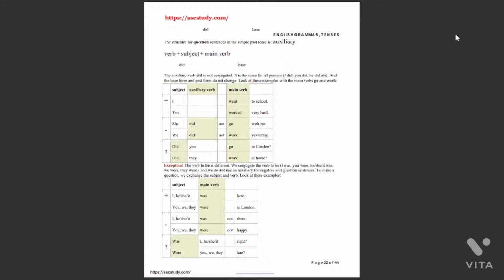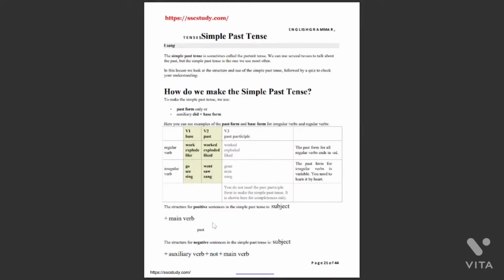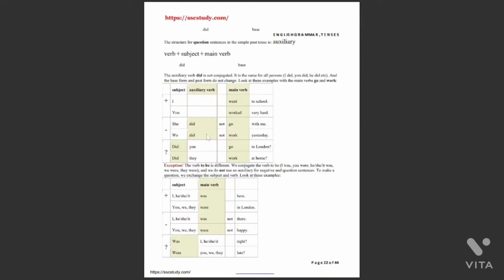Look at these examples with the main verbs going and working. In a positive sentence, it is subject plus main verb: I went to school. You worked very hard.